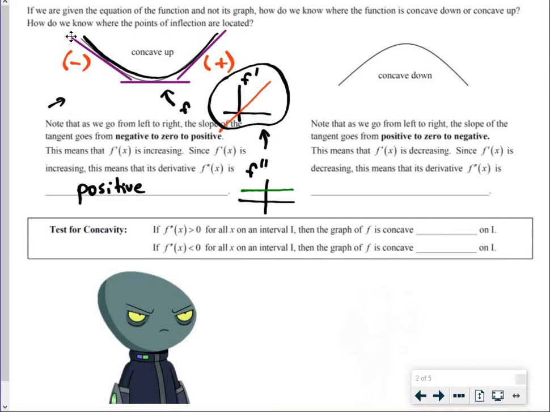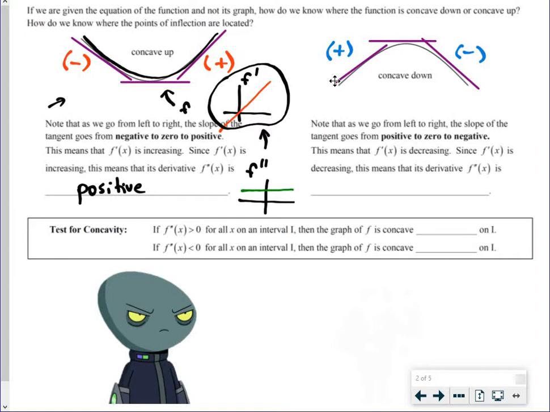Okay, moving on to the next one, the concave down. It goes from positive to 0 to negative. So we go positive to 0 to negative.